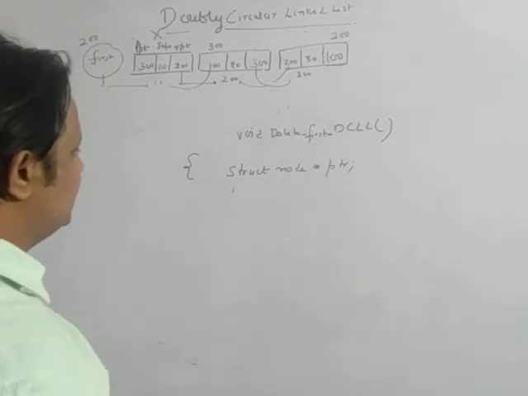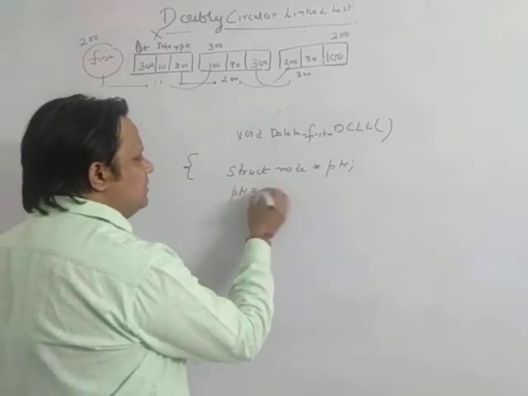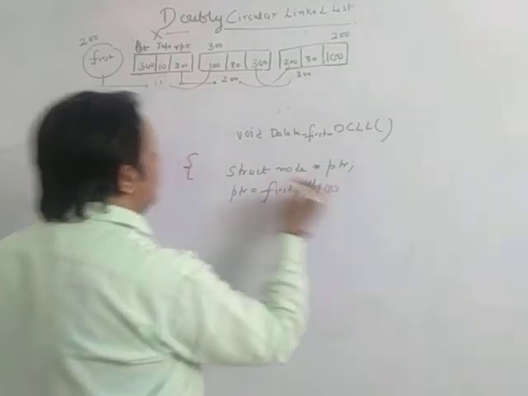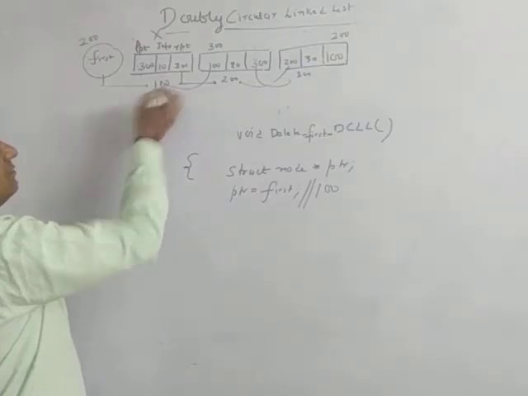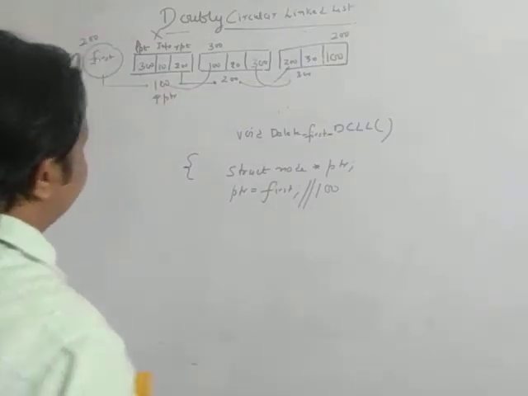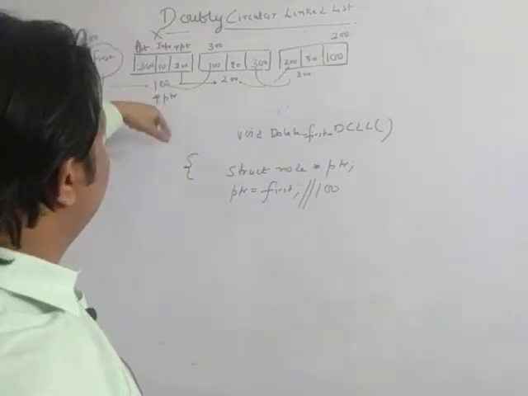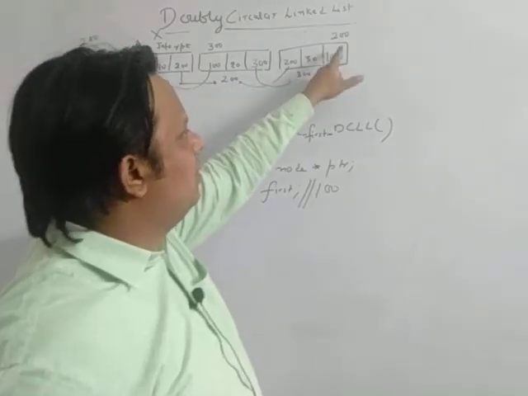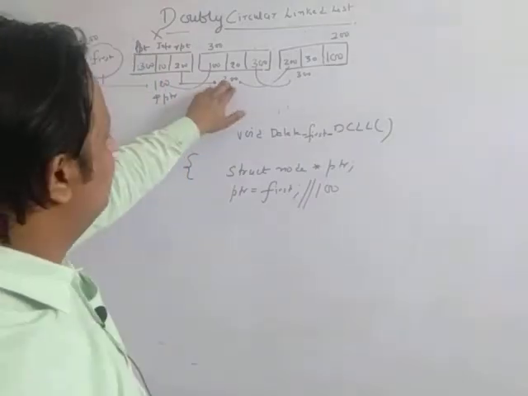So do it step by step. I have taken one pointer PTR. I am writing PTR is equal to first. So now your PTR is pointing at 100. Now with the help of this pointer, I am going to do certain changes. So first change, I want 200 here, because I am going to delete this. If I delete this, this becomes my first node, so the RPT of the last node should contain the address of this node.